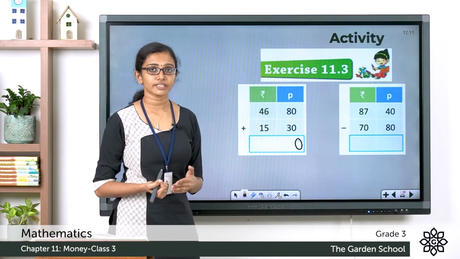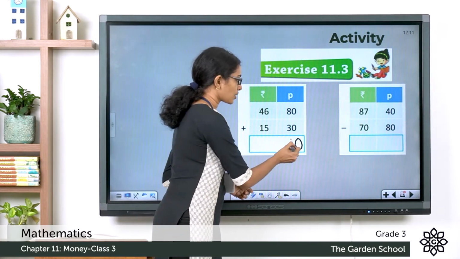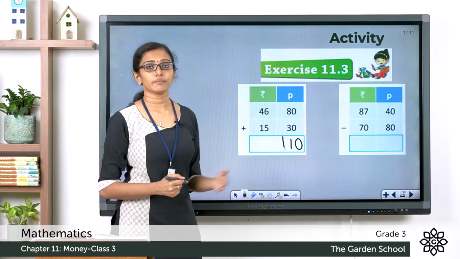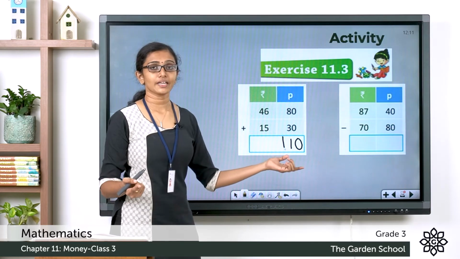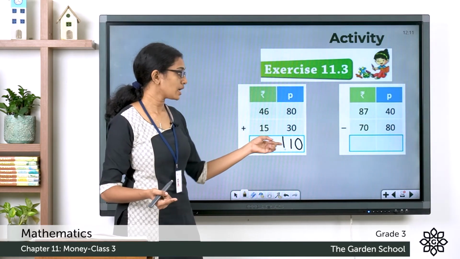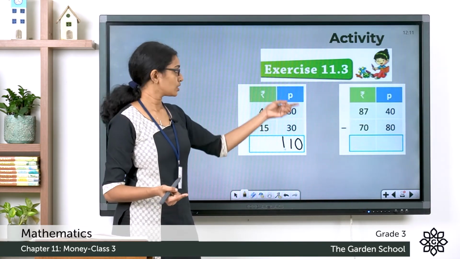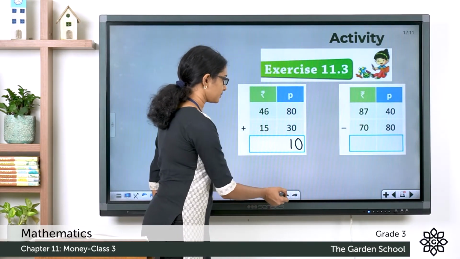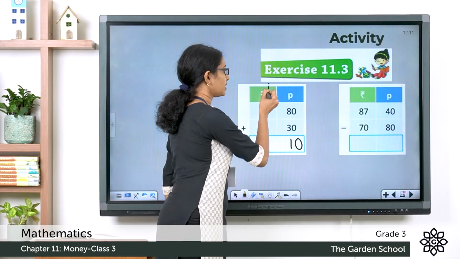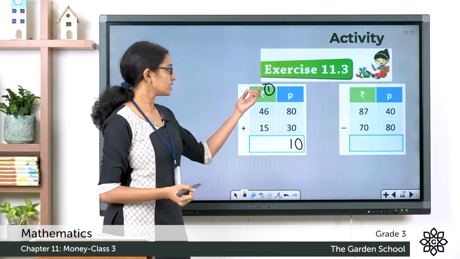So here in the paise column, we will have a total of 110 paise, which is 100 paise plus 10 paise. So we can carry over that 100 paise from this 110 to the rupee column. So let's write 1 here and carry over the 1 from 11 to the rupee column.